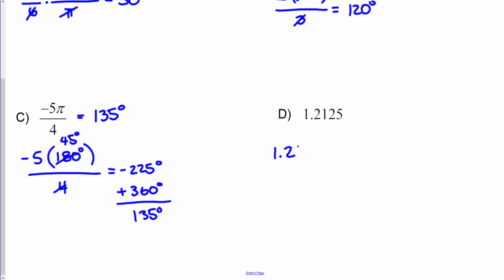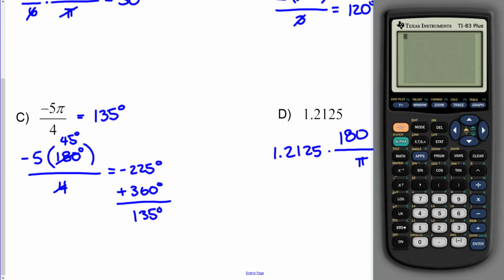So 1.2125 times, in the end I want to have degrees left over, so I want my degrees in the numerator, which means pi is going to go in the denominator, the 180 in the numerator. Now, since we started with an approximation, it's fine to end with an approximation. So I'm going to get the calculator out, and we'll do that.